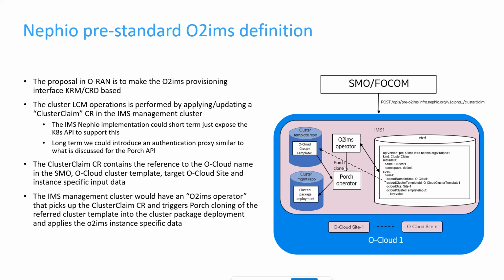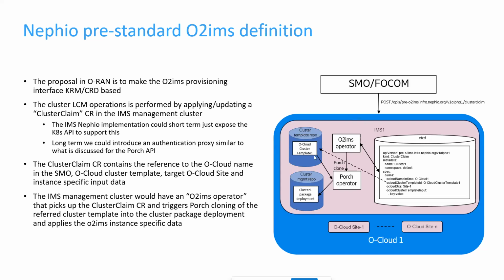So when you do a Porch clone here, you send a clone request for this template in order to then deploy a new cluster instance in the management repo. That is done via the Porch API, I would say. I drew it just as an arrow. It goes back to the Kubernetes API input, yeah.